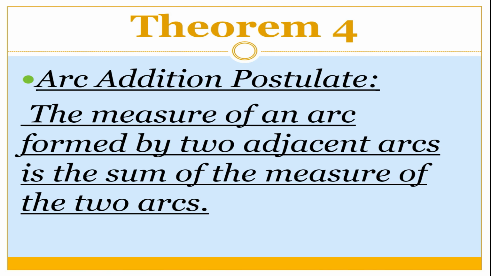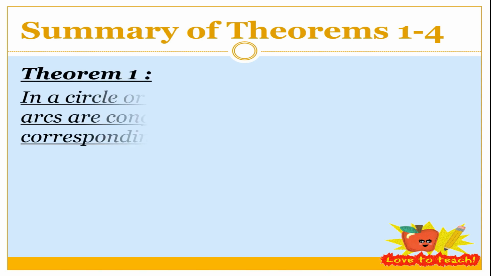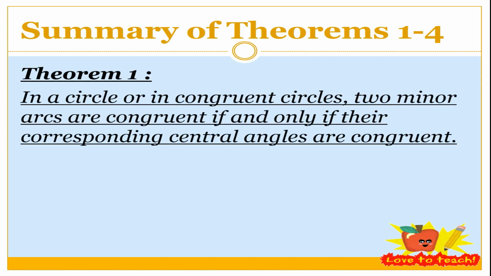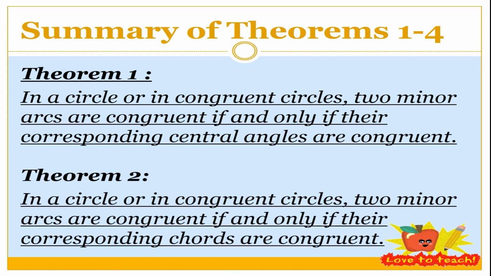Let's have the summary of theorems numbers 1 to 4. Theorem number 1. In a circle or in congruent circles, two minor arcs are congruent if and only if their corresponding central angles are congruent. Theorem number 2. In a circle or in congruent circles, two minor arcs are congruent if and only if their corresponding chords are congruent.